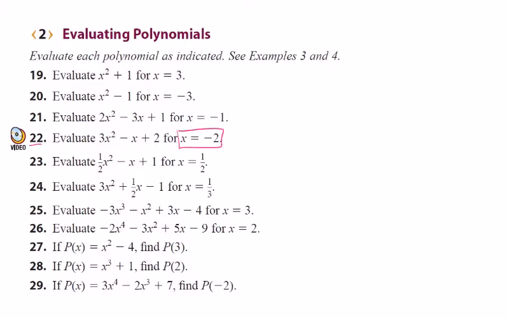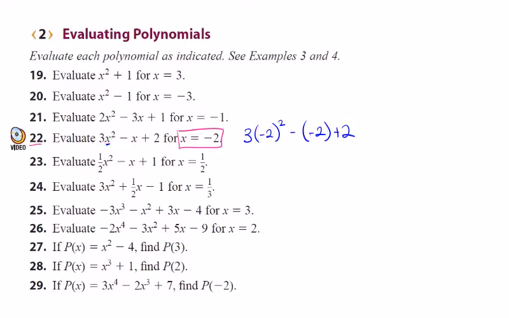So all I'm going to do is I'm going to rewrite this polynomial, except instead of an x, I'm going to put a -2. All right, so that's how we set it up, is we just put -2 in wherever there was an x before, right? And I usually put them in parentheses, especially when you have negatives. I think that's a really good idea so that you avoid sign errors.